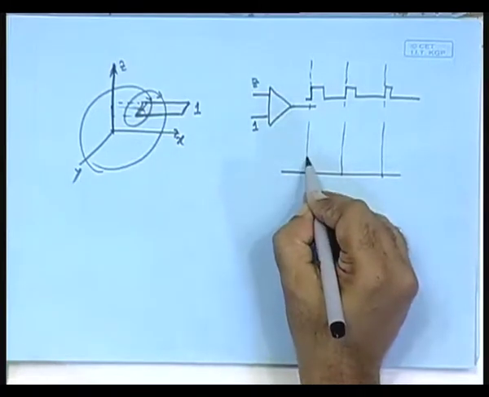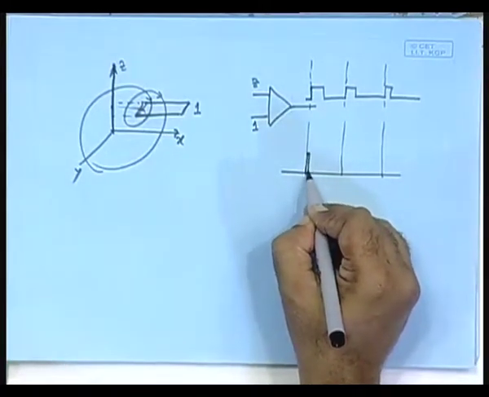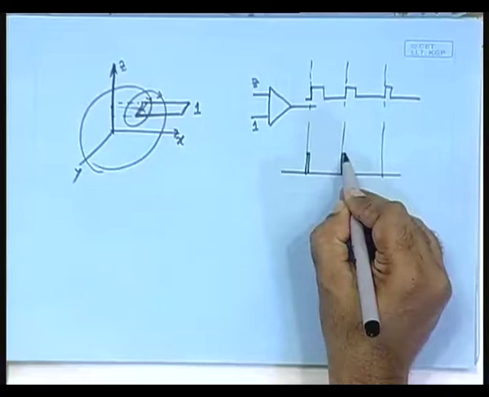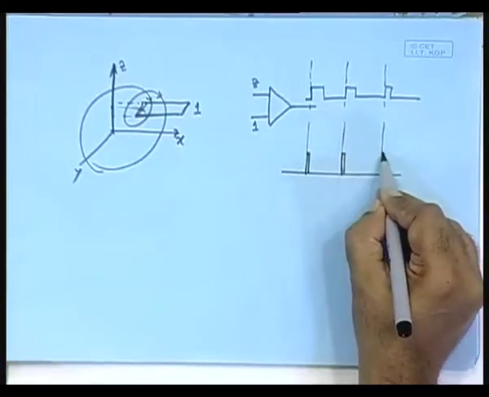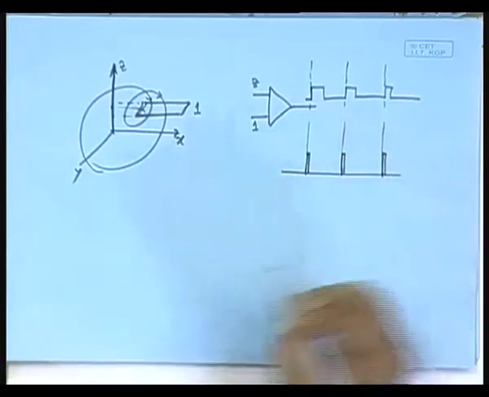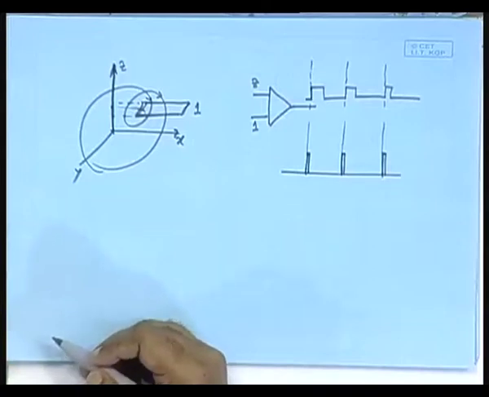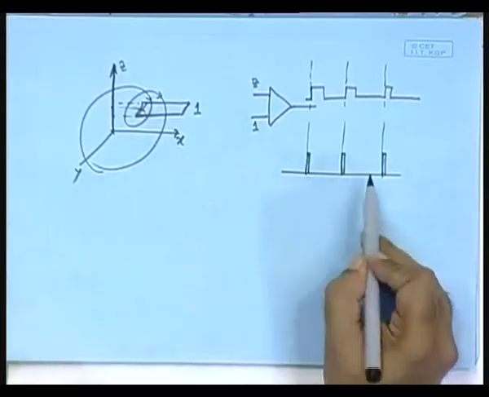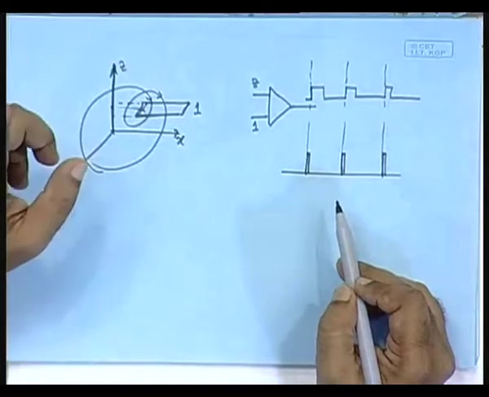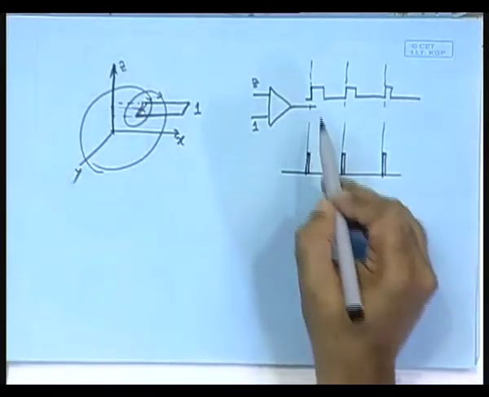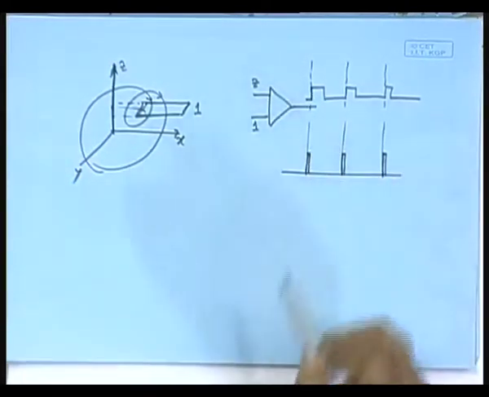So, you need very sharp impulses at these points, meaning that I want it to be observed at that instant. How do you obtain sharp impulses from this?